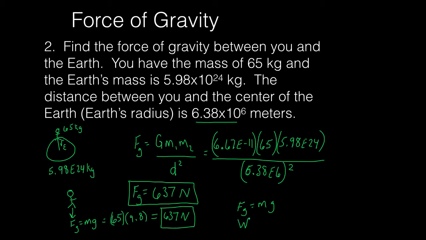In a lot of physics textbooks, you'll see it written as weight is equal to mg, because your weight is the force of gravity, the force that's pulling you down toward the Earth, and that's what your weight is. And so you'll see it both ways, written in textbooks that way. So anyway, I just wanted to show you that even though we're using a new equation, Newton's universal law of gravity, it does work the same way as the one we've used in the past.